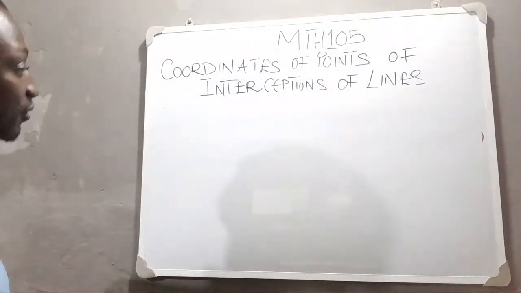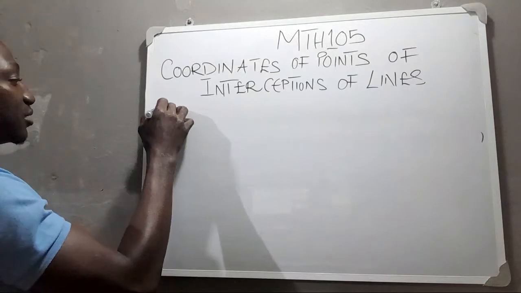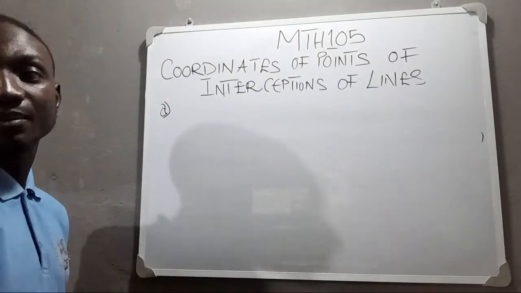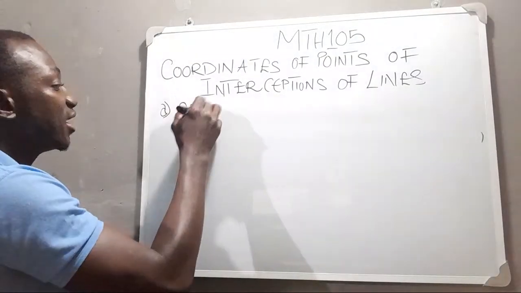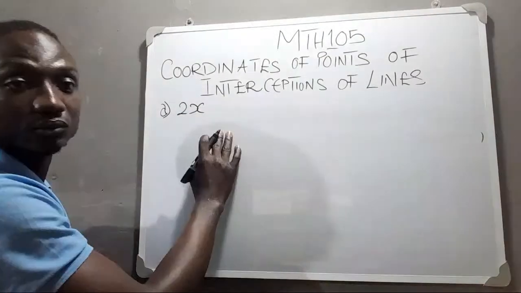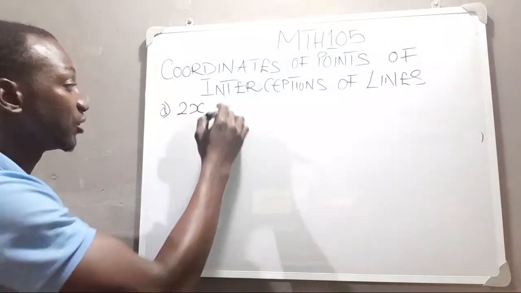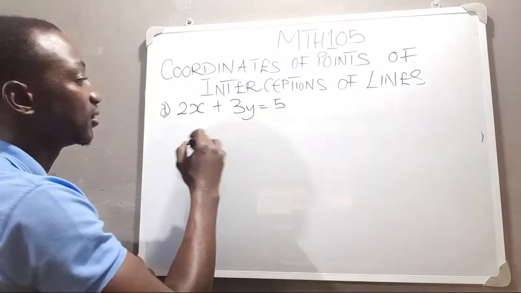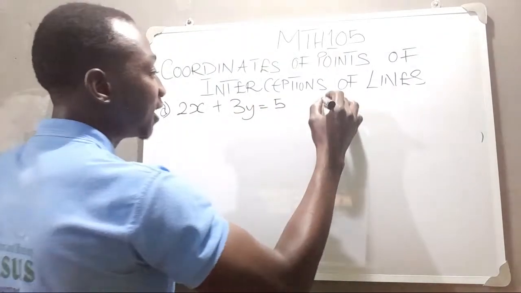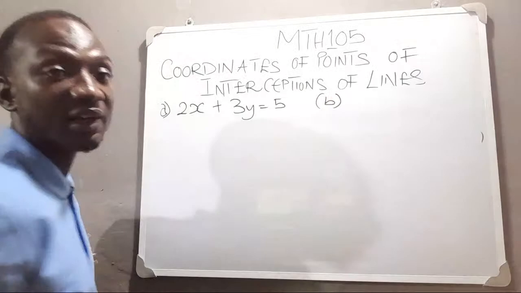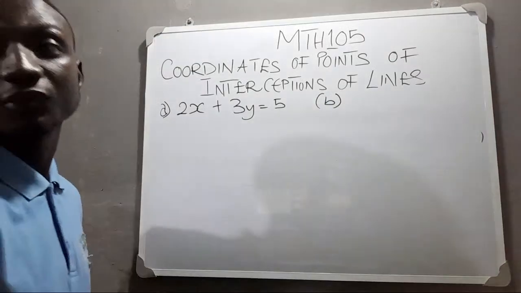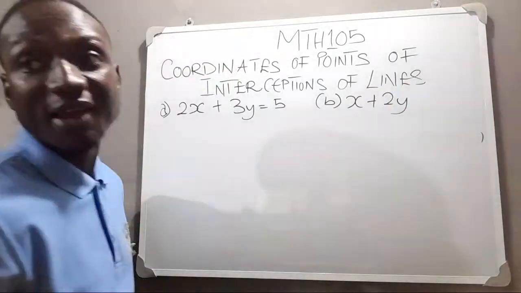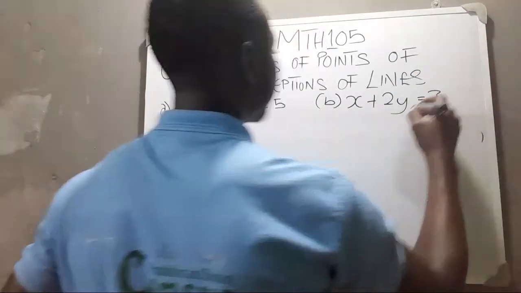So we have A as 2x plus 3y equals 5. We leave that as A, and our B we have x plus 2y equals 3.